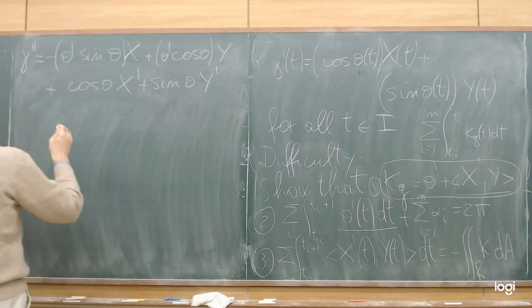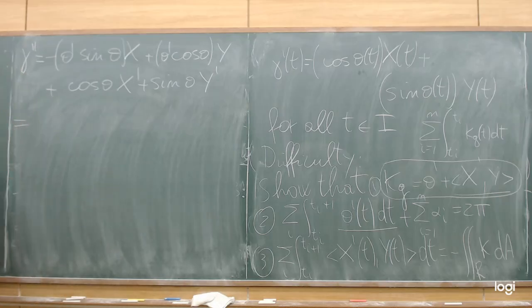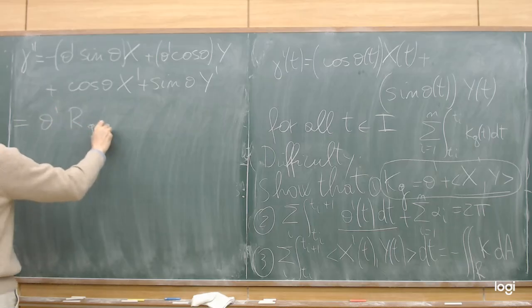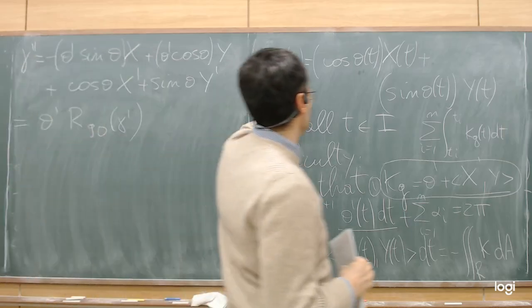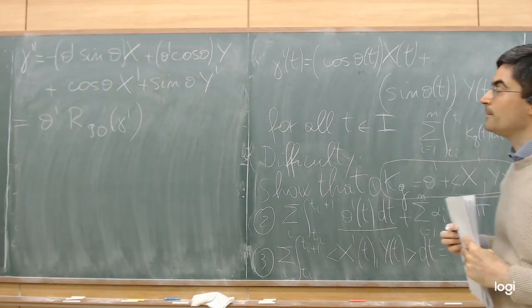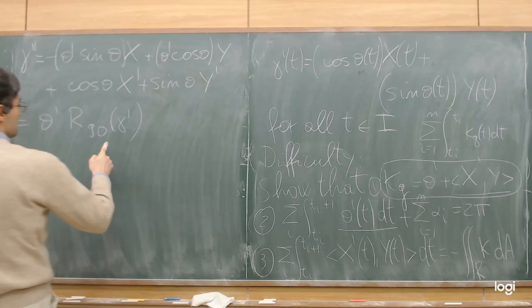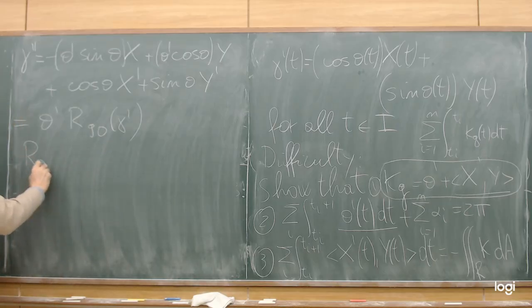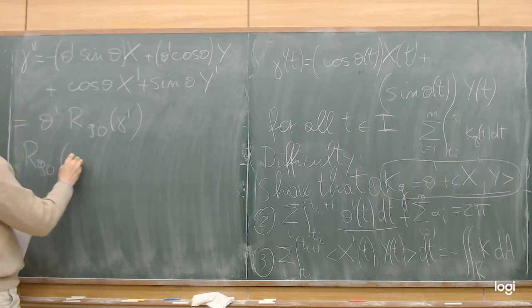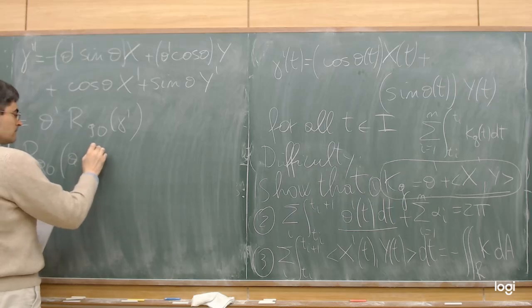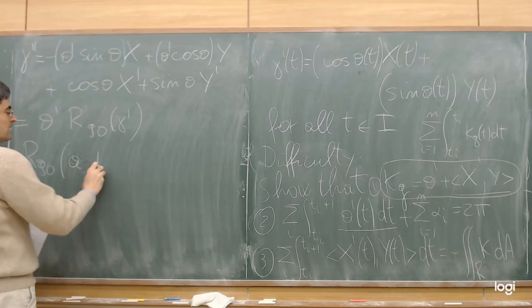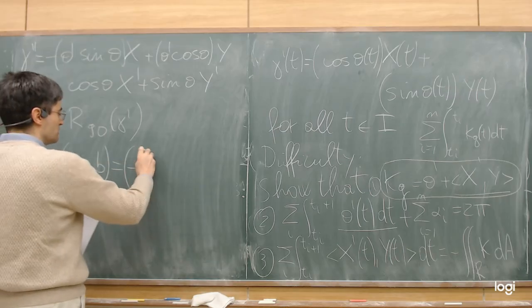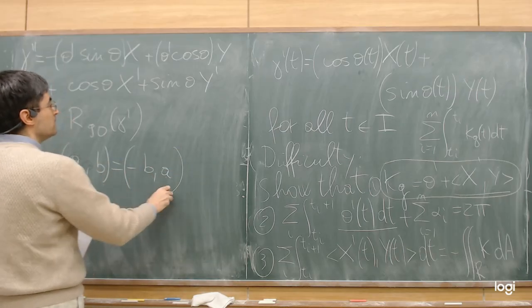Now observe that this can be written as theta prime times the vector R90 gamma prime. Observe what gamma prime is, and remember that R90 of a vector component AB, let's say R90 of AB, is minus BA.